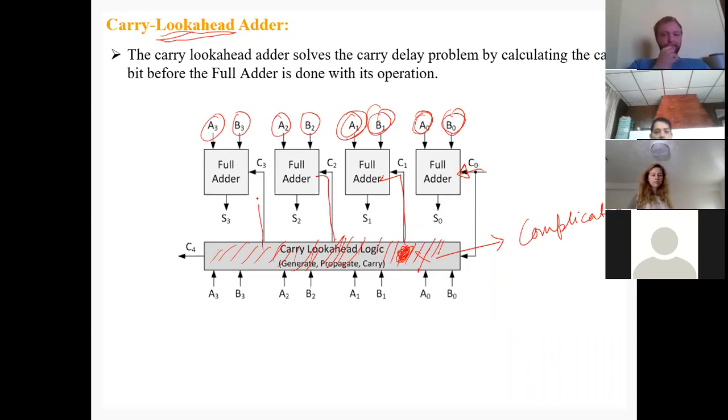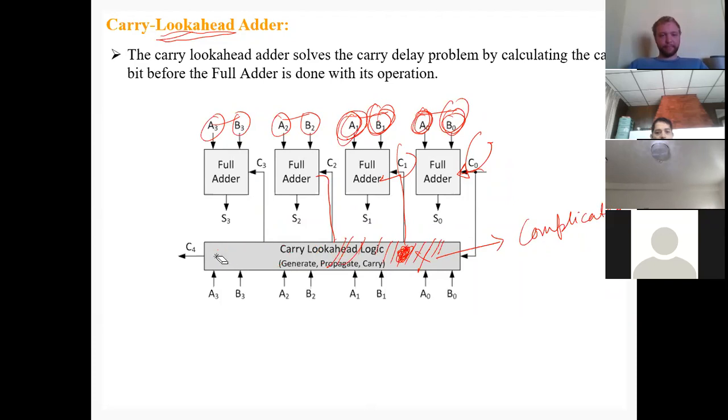So everything is ready at the same time. A0, B0, C0, they're ready at the same time. A1, B1, C1, they're ready at the same time. By the way, we are sending A0, B0, A1, B1, A2, B2, A3, B3, all simultaneously, right? So everything happens at the same time. That's why you don't have to wait for anything.